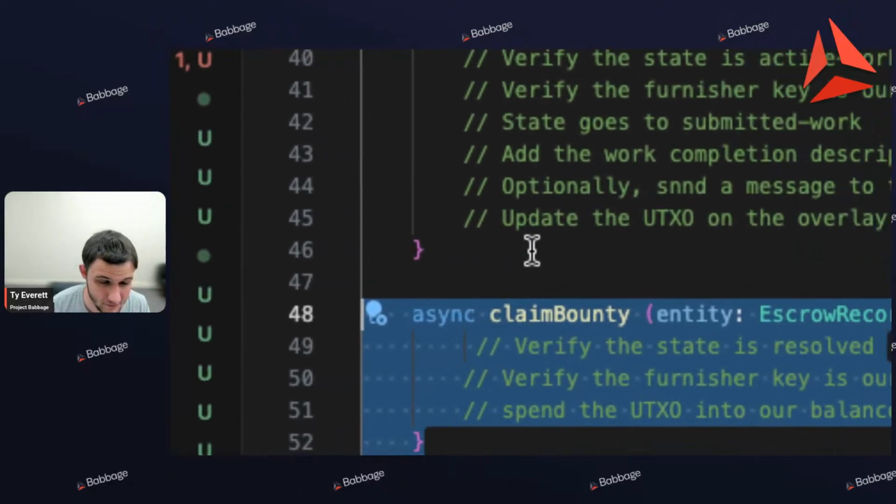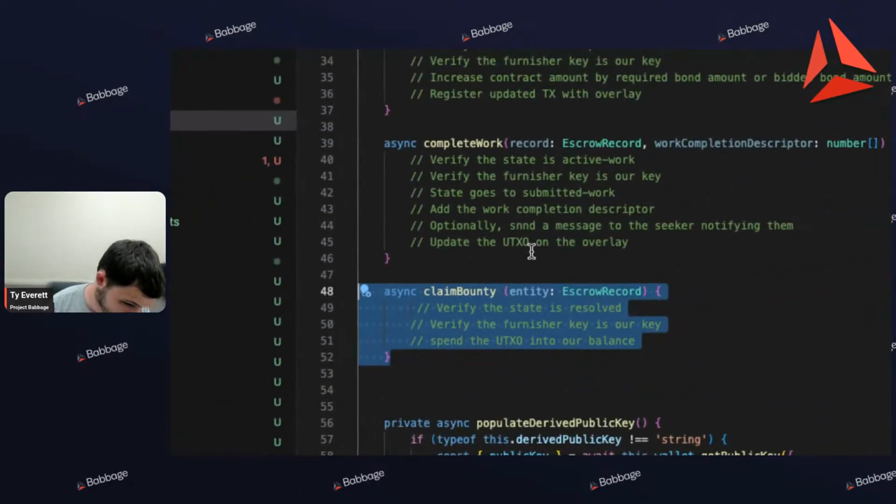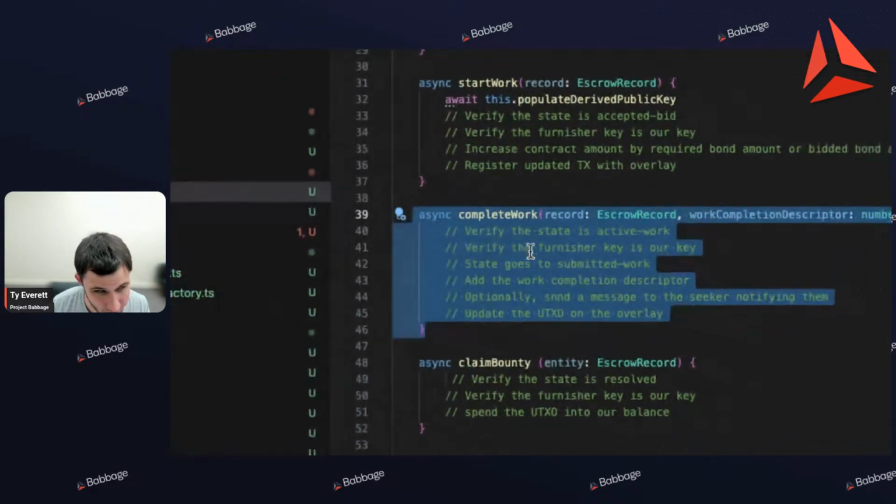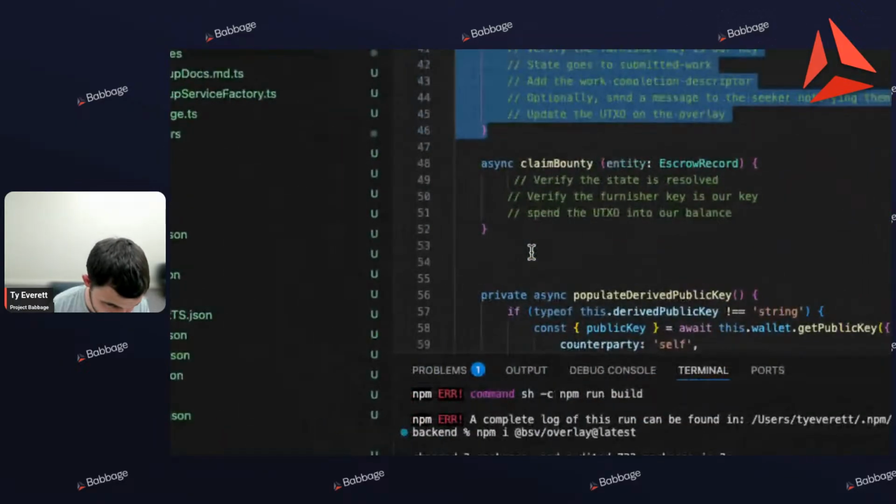Right? So after I submit my work is when I have a dispute. They're not paying me.